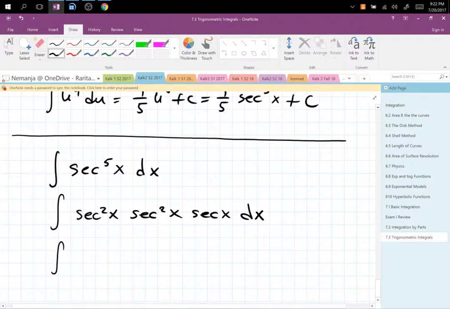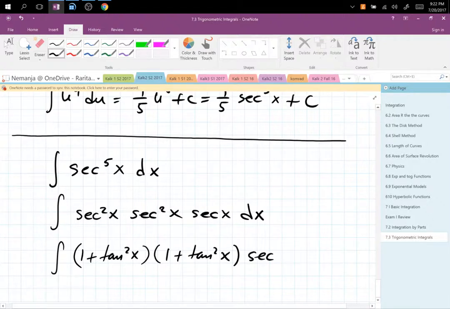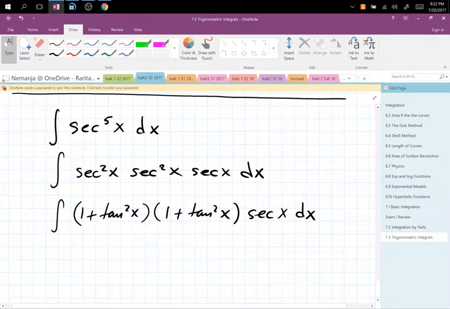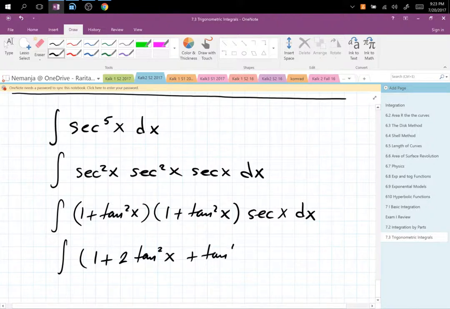So this is 1 plus tangent squared times 1 plus tangent squared times secant x dx. And now we FOIL to get 1 plus 2 tangent squared x plus tangent to the 4th x times secant x dx.